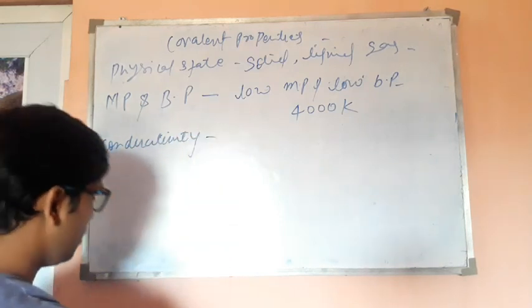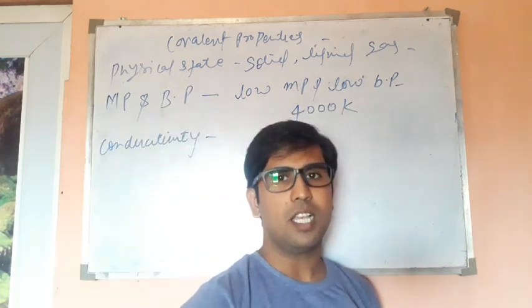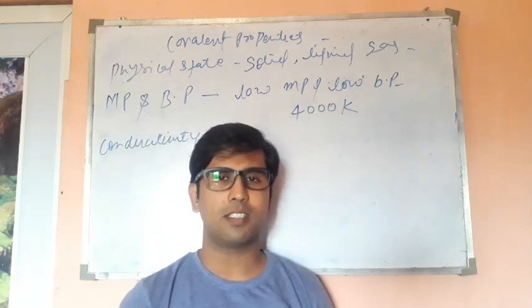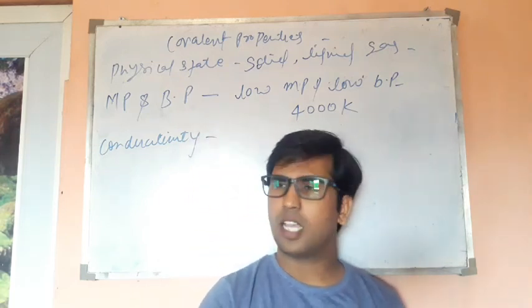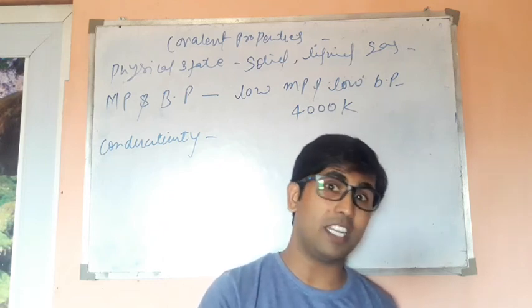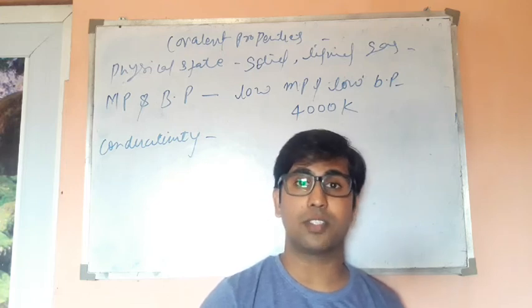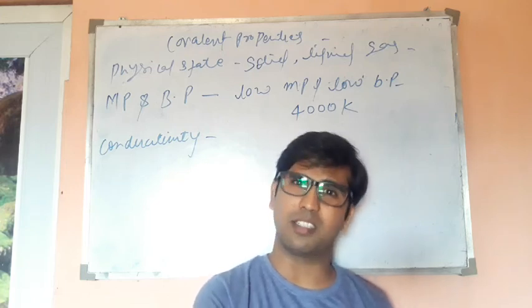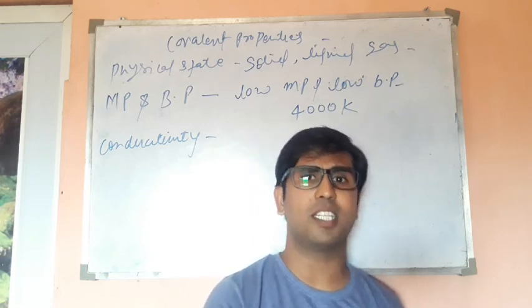Okay, now the third property is conductivity. What we learned in basic physics is that current needs charges of any type, whether free electrons or, in electrolysis, ions like sulfate ions or any metal or non-metal ions.